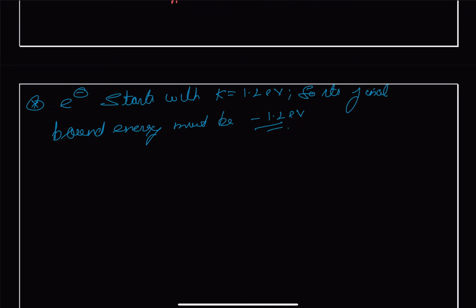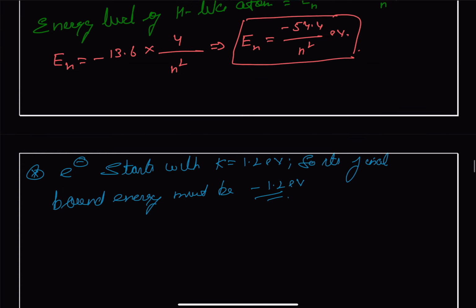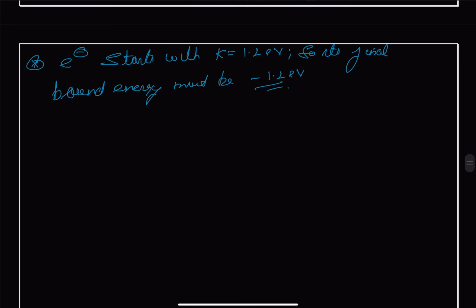So substituting this in our expression for nth, we can write that minus 1.2 is equal to minus 54.4 over n square, and this gives us that n square will be equal to 54.4 divided by 1.2, and this gives us that n is approximately equal to 7.